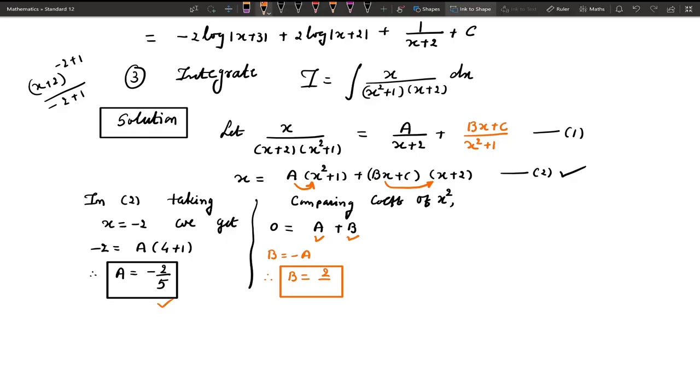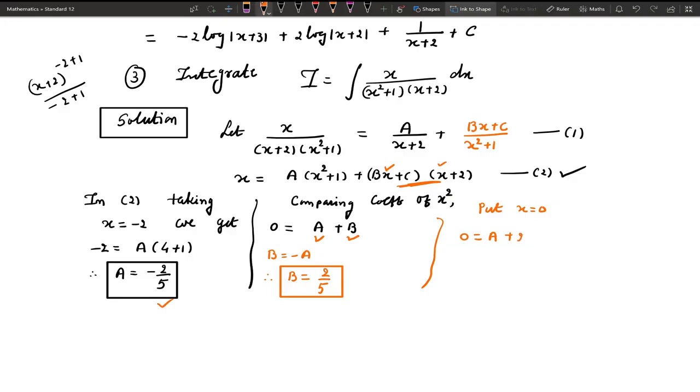Now we will find the value of the remaining constant c. So put x equal to 0. When we put x equal to 0, in other words, comparing the constant term on both sides. On the left hand side, 0. On the right, a into 1, so a, and in the second term, when we take x equal to 0, it will give 2c. You can check easily.